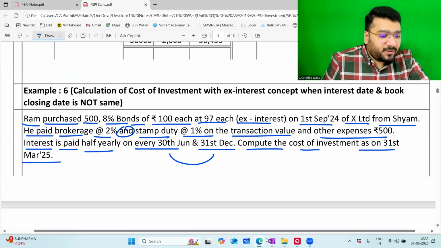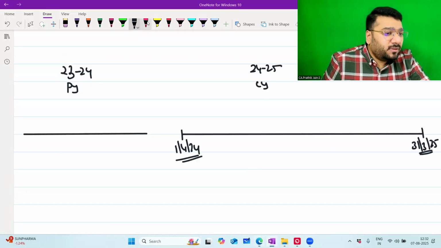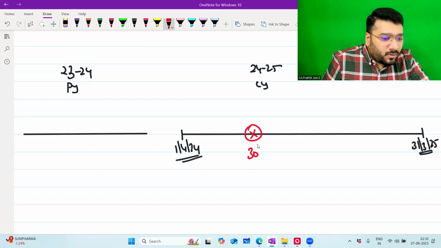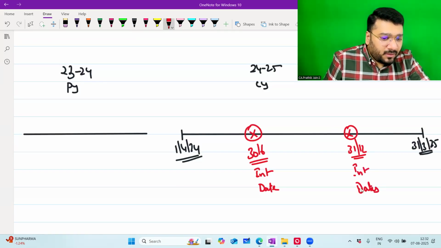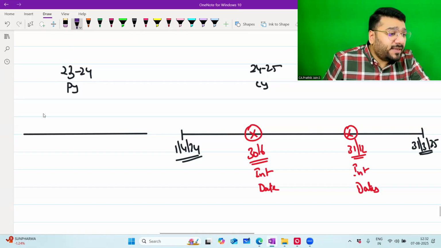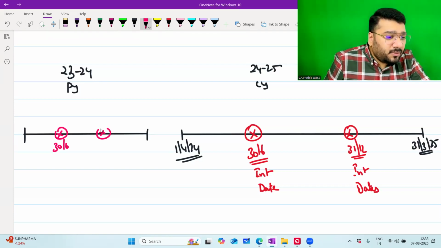Interest bearing debts, tell me the interest dates. 30 June and 31-12. Likewise, please tell me the interest dates for the previous year. Same. 30 June and 31-12.